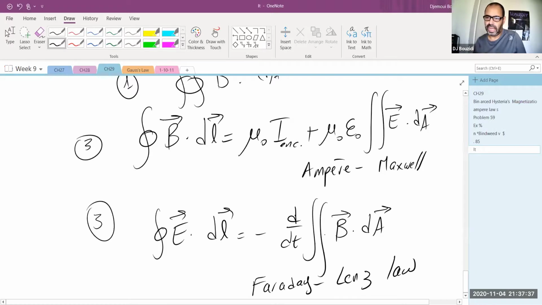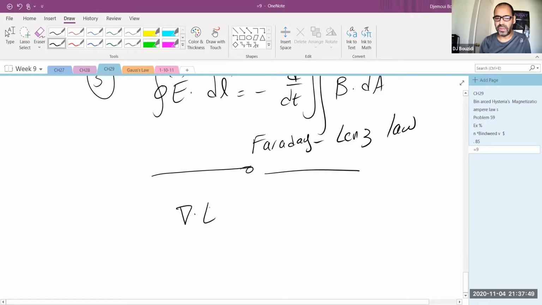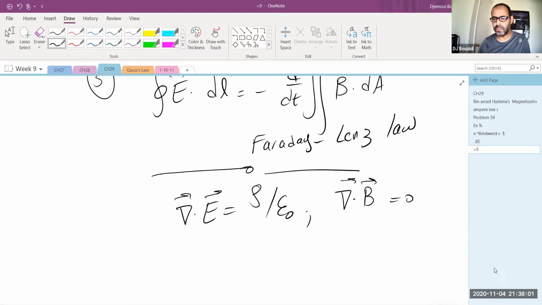Now, this is the form that I gave you, the vector form. In the differential form, again using Stokes' theorem and Green's theorem and the divergence theorem, Gauss's law becomes simply the divergence of the electric field equals rho over epsilon naught. The divergence of the magnetic field becomes just 0 because there are no monopoles. So this is Gauss's law for both.